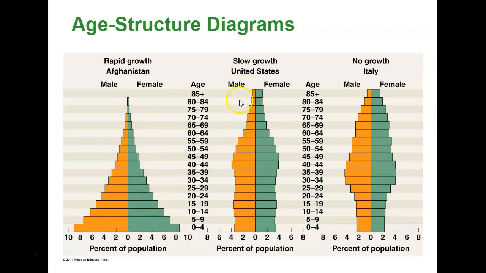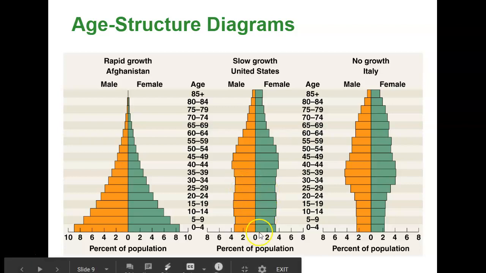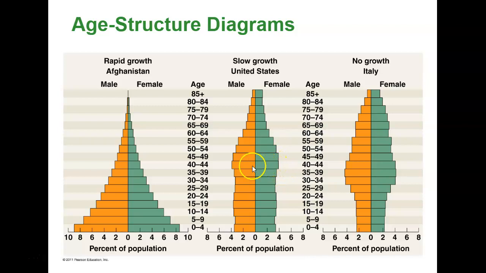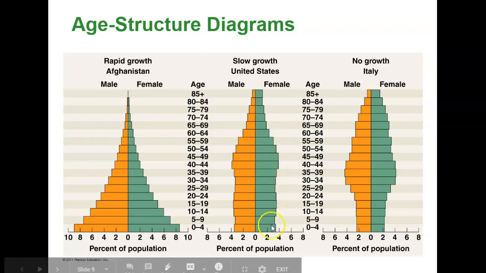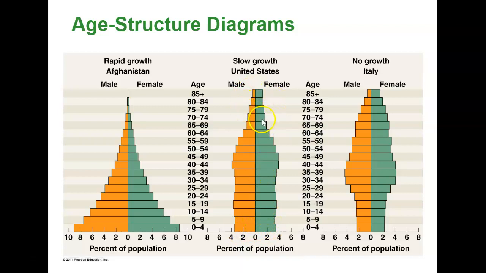The United States has slow growth because we have fewer in the old age group, but we have this somewhat steady group. We had a little bit of a bigger age group around 40 to 50, but you can see we're very slow growing. We do have more individuals coming into the world than we do exiting.